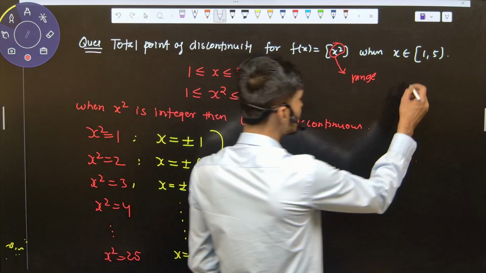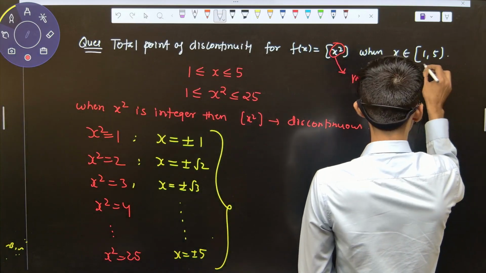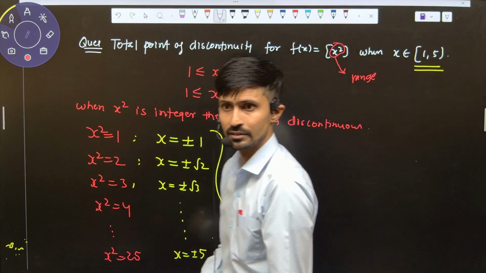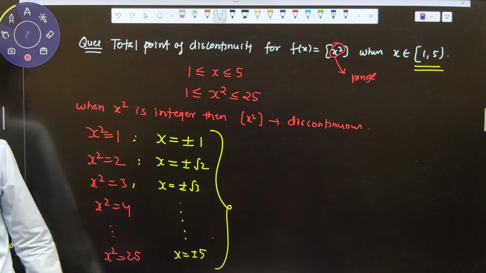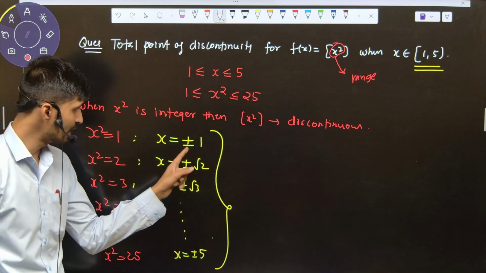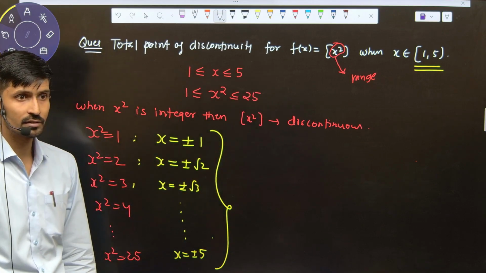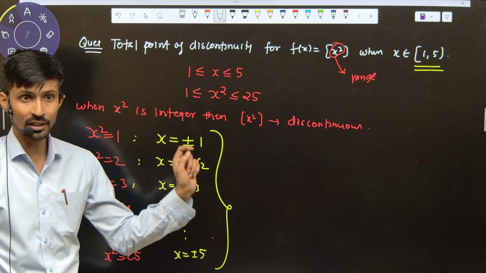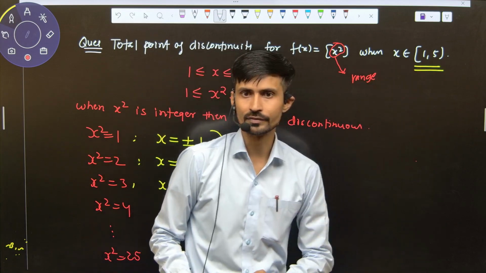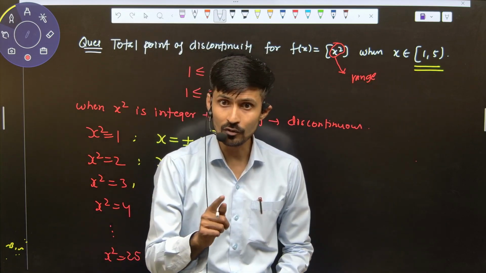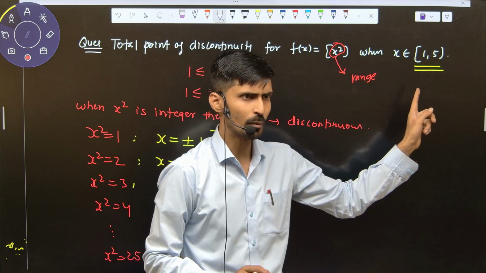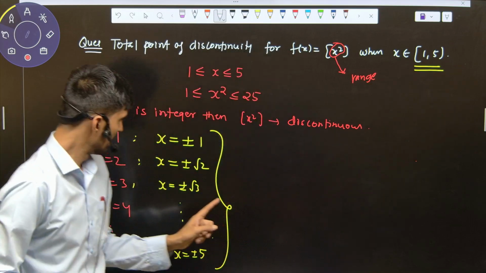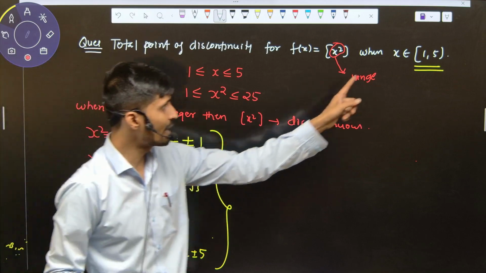But the question is, x is between 1 to 5 only. We have to consider x between 1 to 5. It means minus 1 we cannot take. Minus root 2 we cannot take. Root 2 is lying between 1 to 5. Root 2 is 1.41, it is lying. Next will be root 3, 1.7, lying or not?